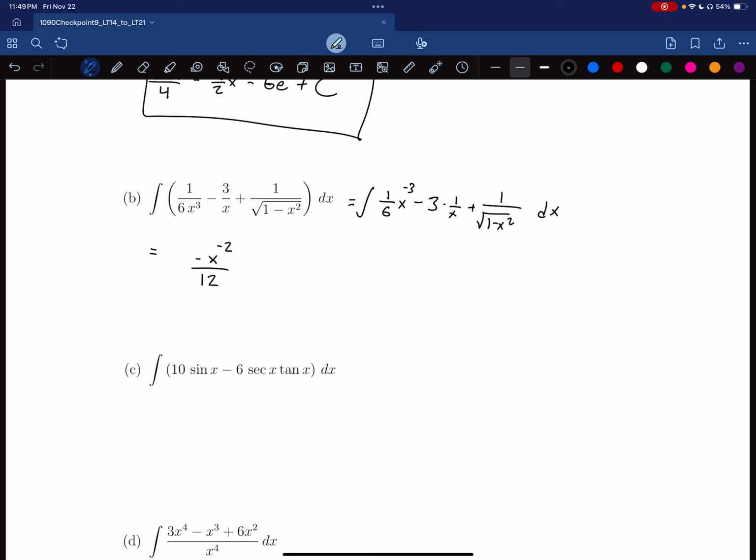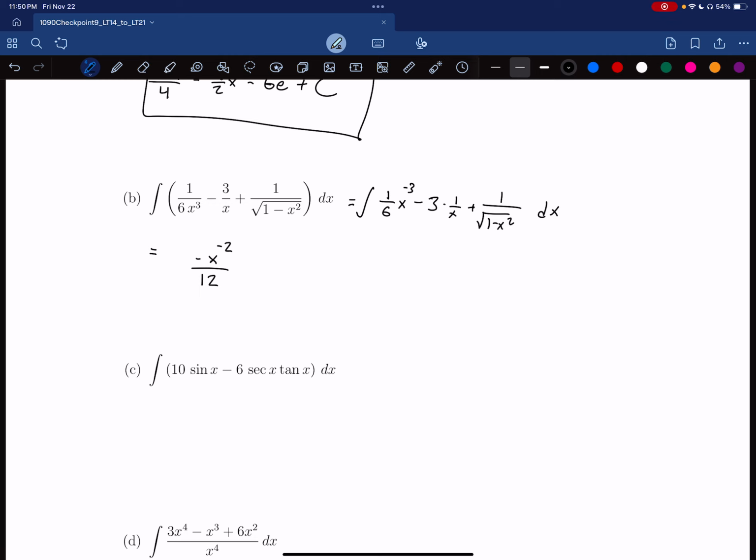And then I have negative 3 times 1 over x. So if I add 1 to that exponent, it already has an exponent of negative 1. If I add 1 to that, I get x to the 0. But you may remember that the derivative of ln of x is equal to 1 over x. In this case, I have a 1 over x.